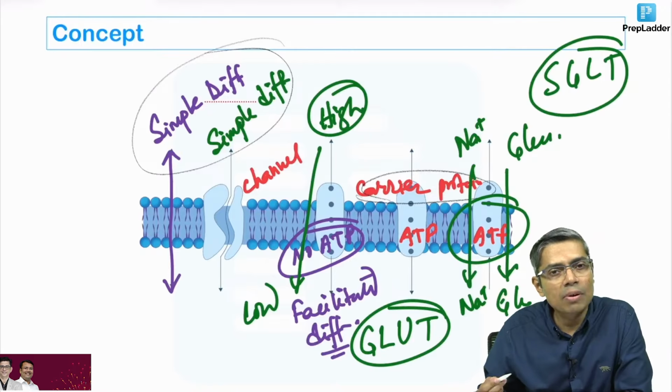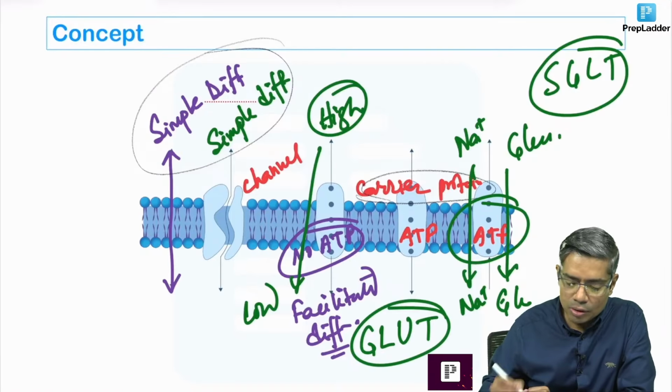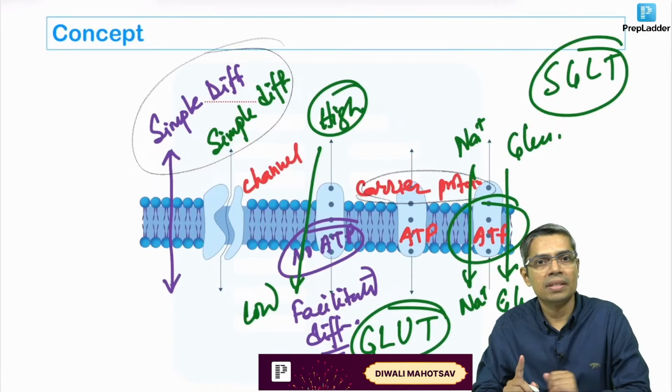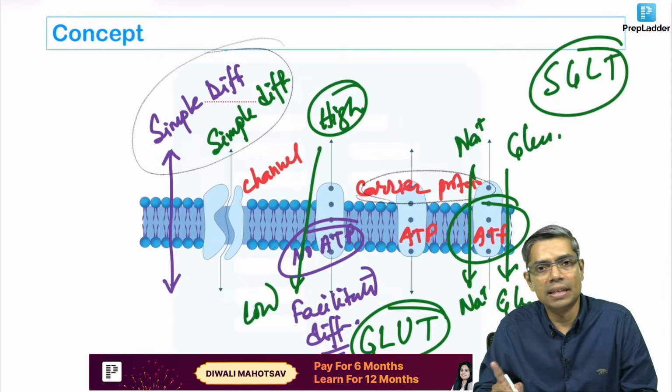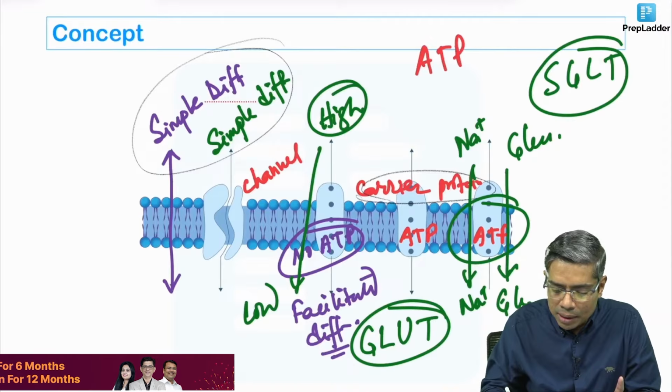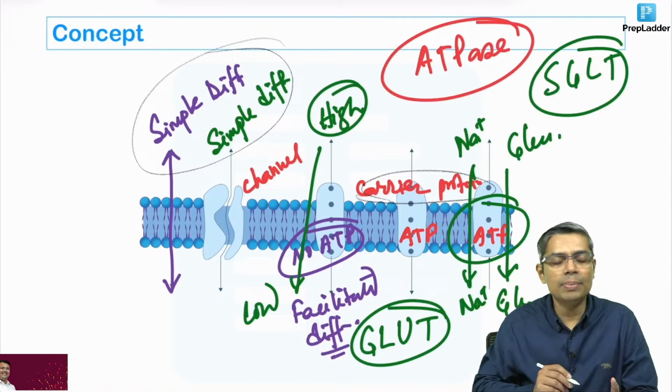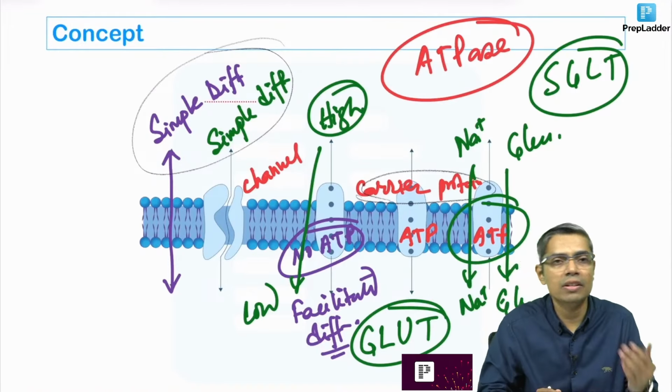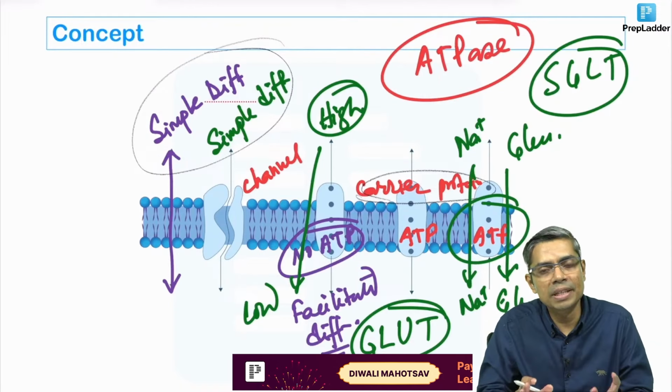So primary active or secondary active? This is secondary active, because all types of symport and antiport are secondary active transport. And primary active transport, how to identify it? Whenever the molecule is attached with the word ATPase, sodium ATPase, hydrogen ATPase, hydrogen potassium ATPase, all of them are primary active transport.